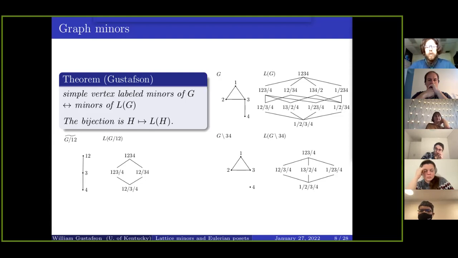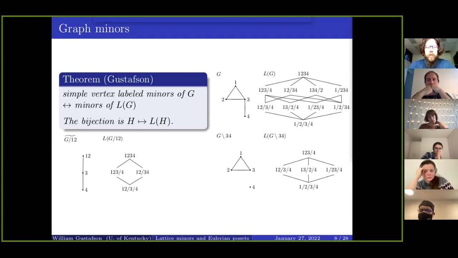And you can see you can get that from the original lattice of flats by contracting by the corresponding partition, which has 1 and 2 in the same block. And then the bottom right is the deletion by the edge 34, and its lattice of flats. And in the original lattice, that corresponds to removing the partition with 3 and 4 in the same block. Or, more accurately, deleting it, because we also lose the elements above it.